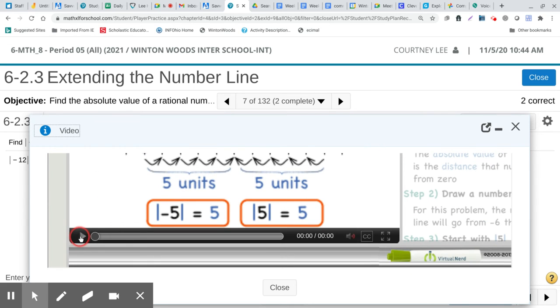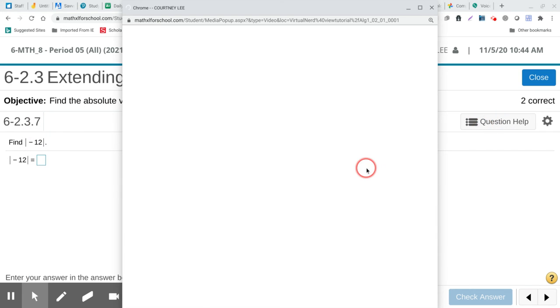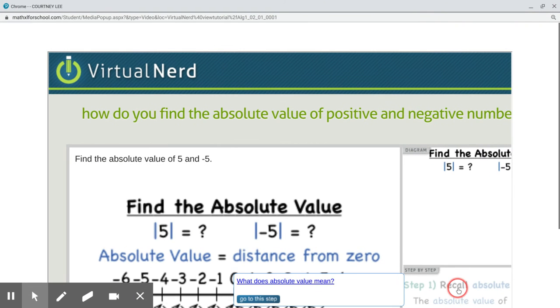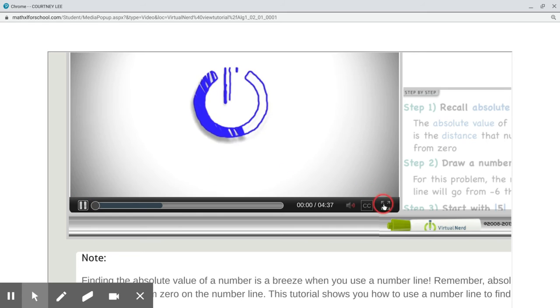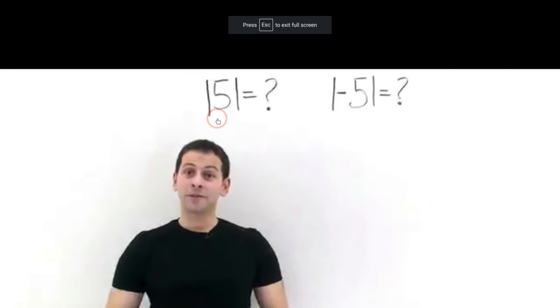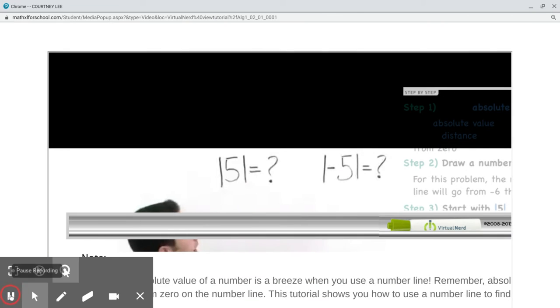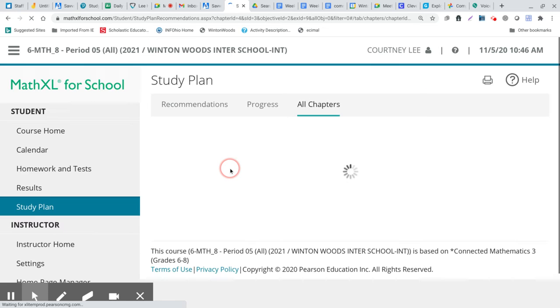I'm going to play the video. So then I would watch the video. Let's solve these 2 absolute value problems. Absolute value of 5.